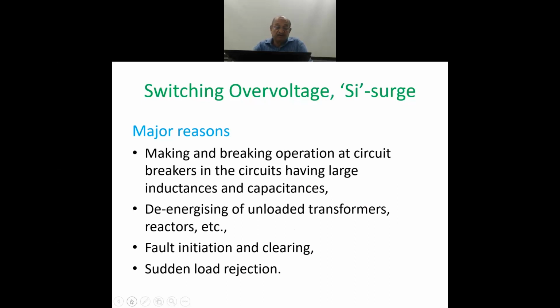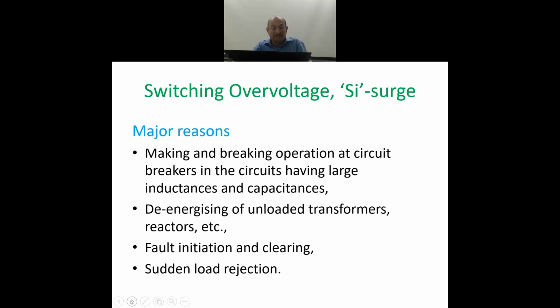By making, we mean when the circuit breaker closes, and breaking means when the circuit breaker opens the circuit. Circuit breakers are in a circuit having large inductances and capacitance, because in the network there are three parameters: resistance, inductance, and capacitance. They play the role, and together they form the impedance.